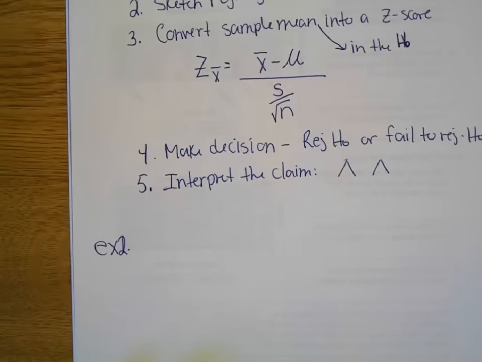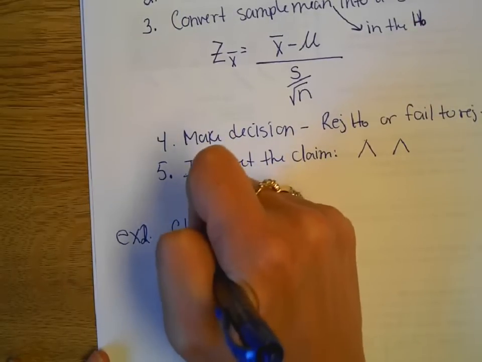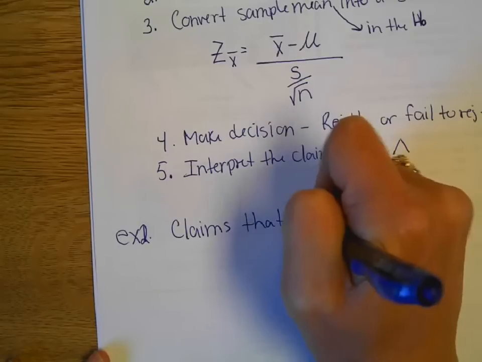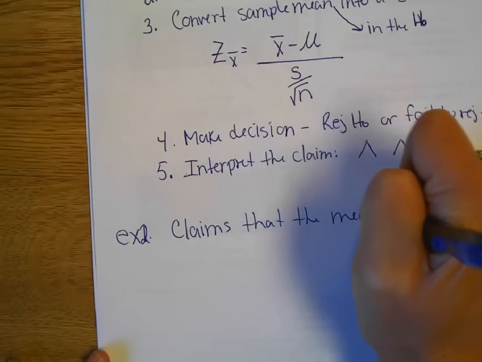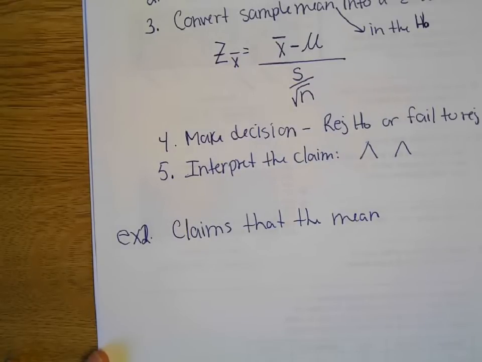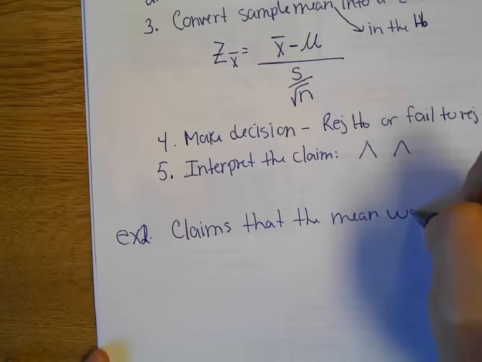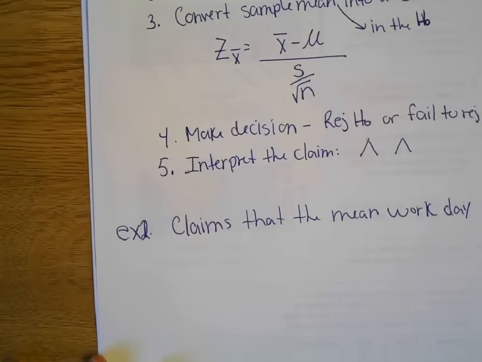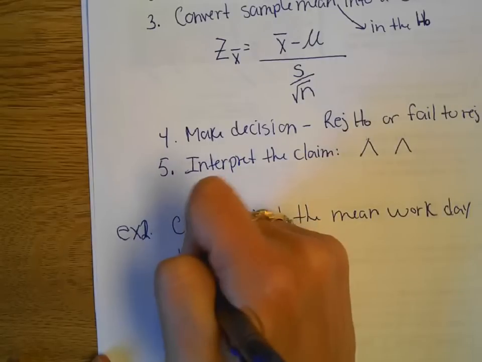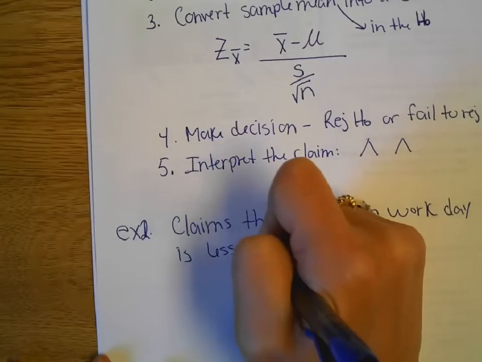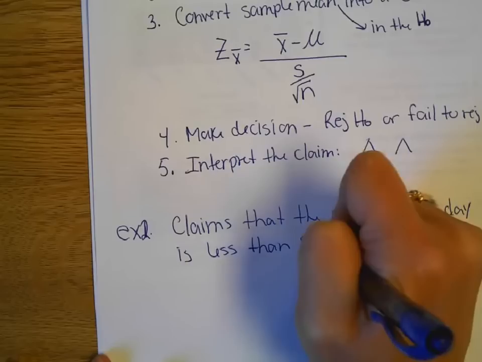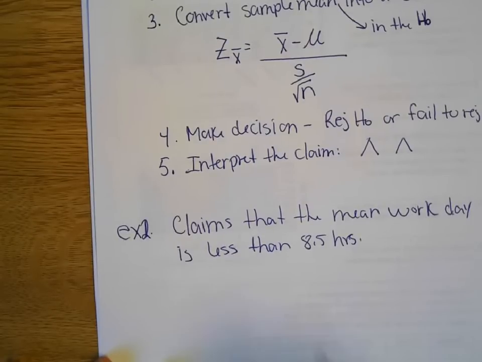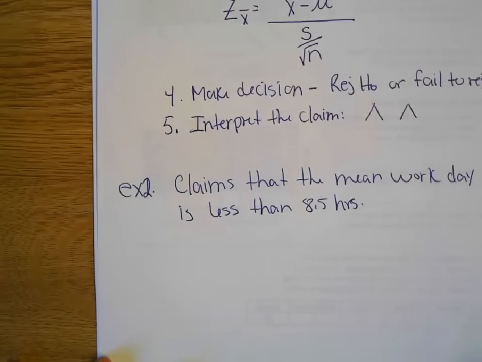Okay, the CEO of a firm claims that the mean workday of the firm's accountants is less than 8.5 hours. So, you're going to test the claim.